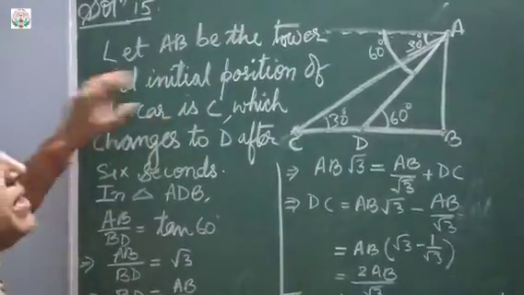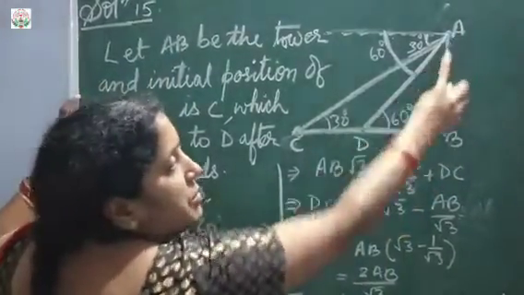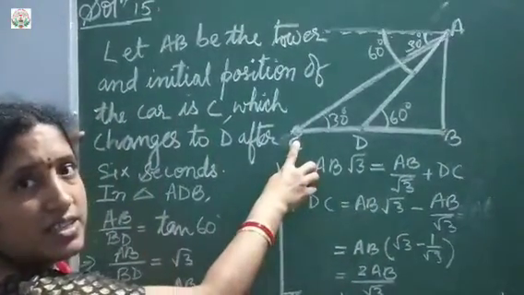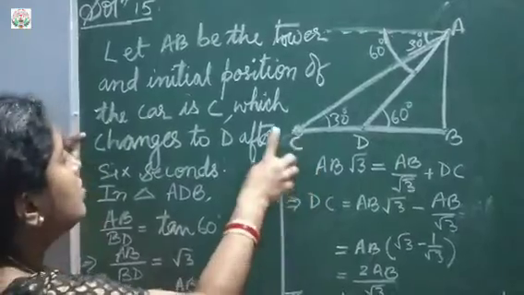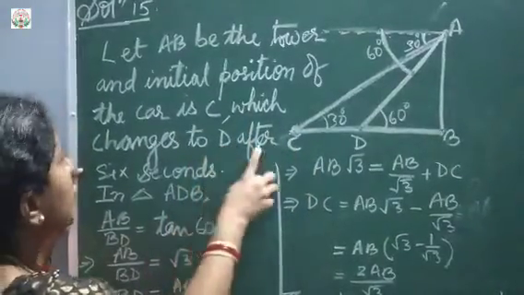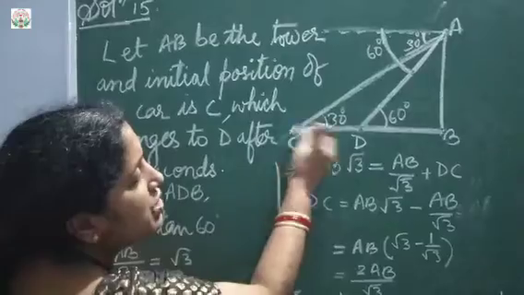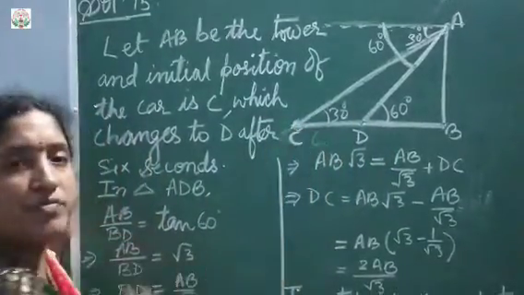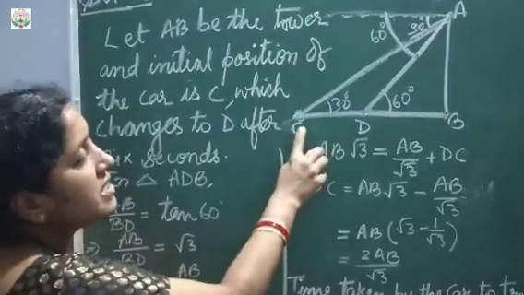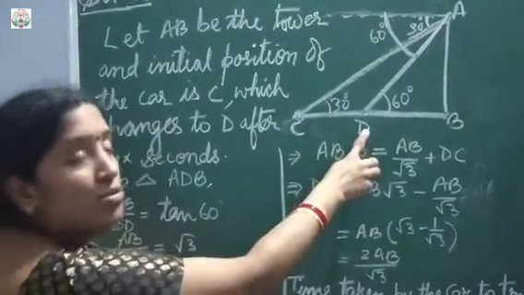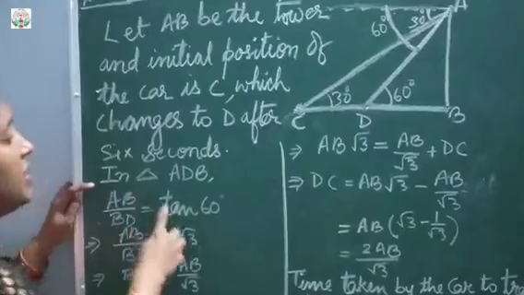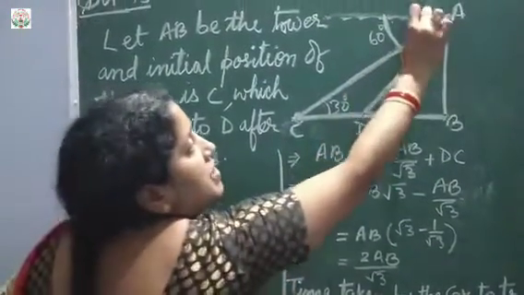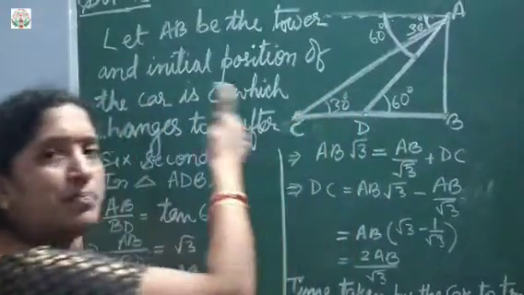Now let AB be the tower, and the initial position of the car is C. This is the initial position of the car, which changes to D after 6 seconds. So after 6 seconds the car moves from position C to position D. Now in the triangle you can see these are alternate interior angles, as you have done in previous questions also.